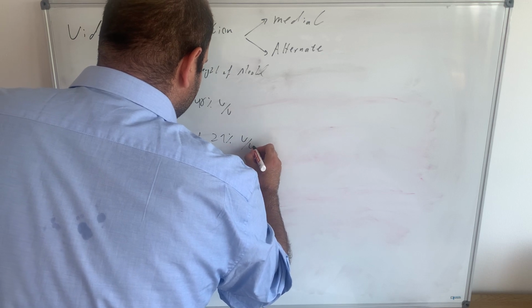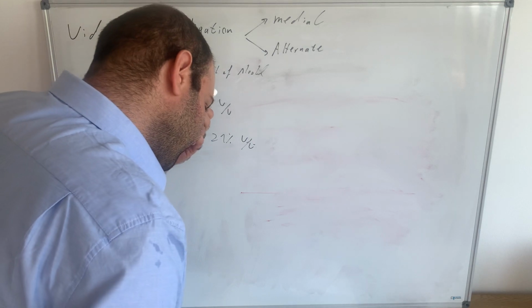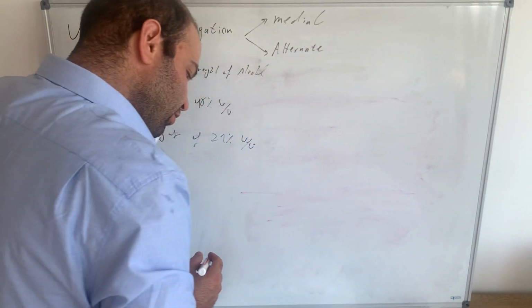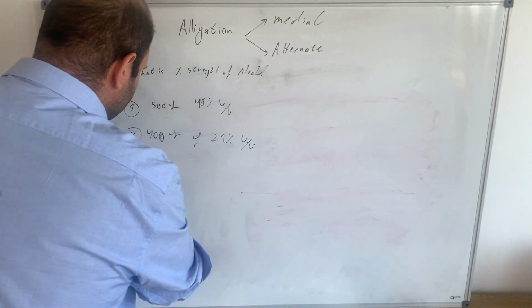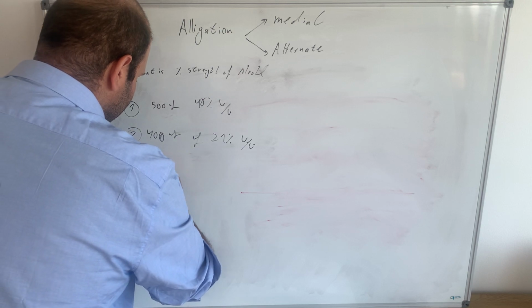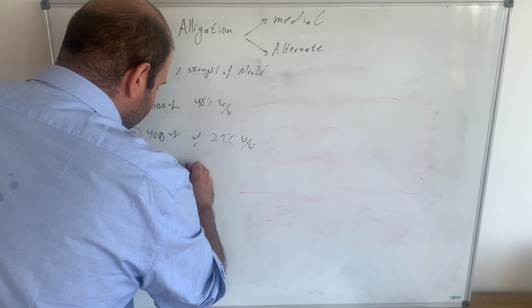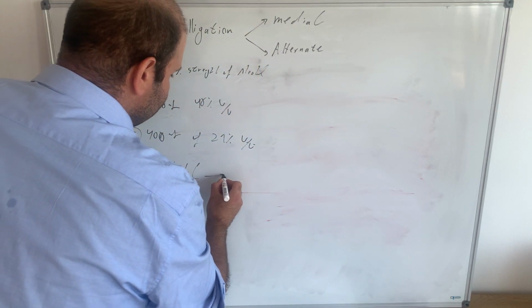So 400 milliliter, 500 milliliter, and a sufficient quantity of non-alcoholic third solution. So we use a third solution, non-alcoholic, possibly water, to make a total of 1000 milliliter.